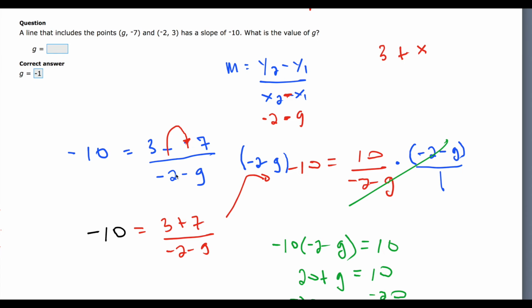Alright, negative 10 equals 3 minus 7, good, over negative 2 minus g, and the slope is negative 10. Then you have negative 10 equals 3 plus 7 over negative 2 minus g. Then you have negative 10 times negative 2 minus g.